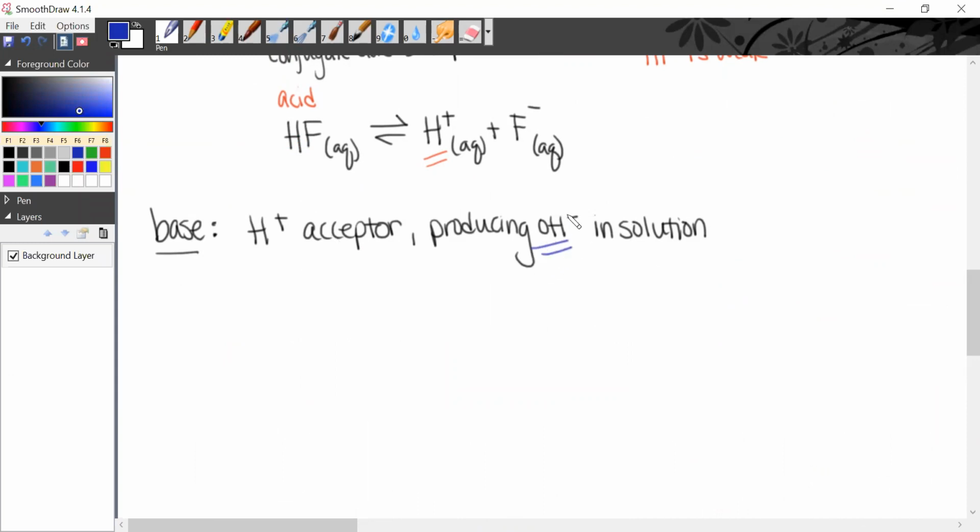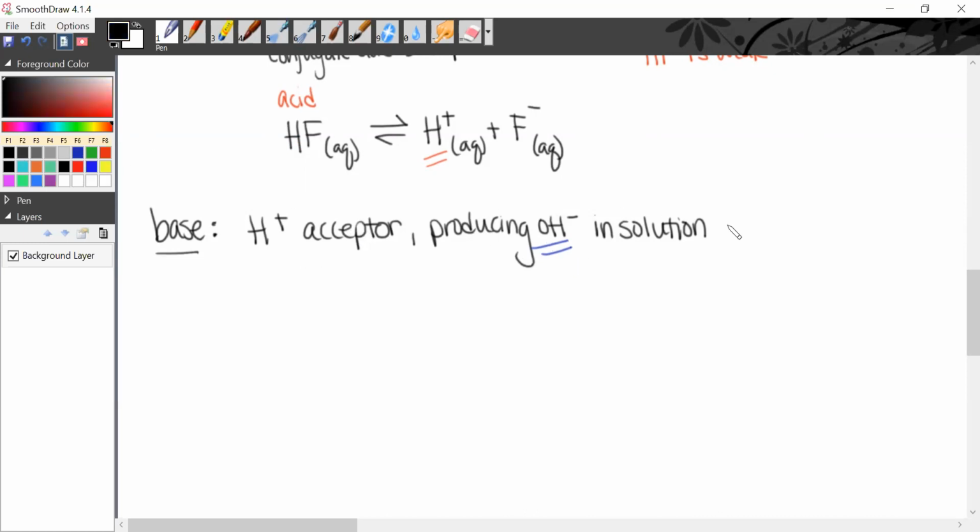But it turns out that that's not the only way. Dissociating and producing OH minus is not the only way to get OH minus. You can actually also get OH minus in solution by this transfer of the H plus. And that'll make more sense when we write out a couple of these examples. Okay, so a base is an H plus acceptor producing OH minus in solution.